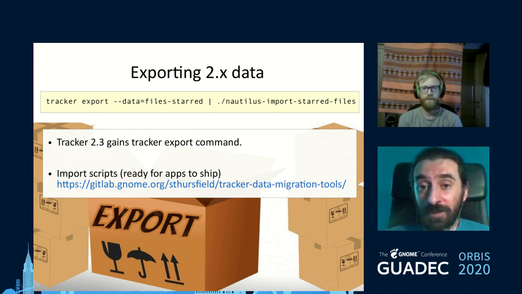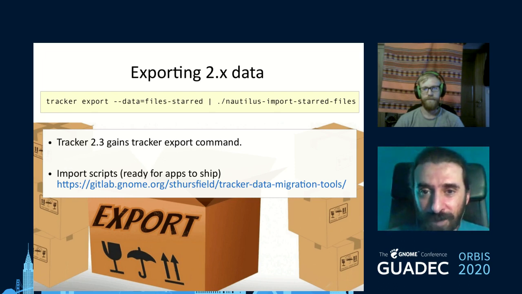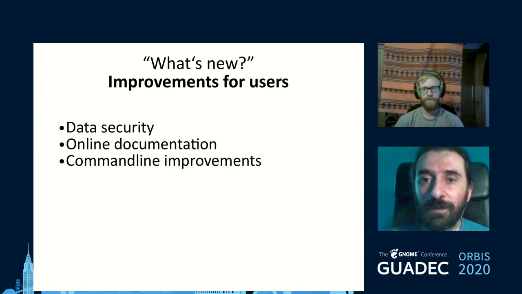So it's pretty much everything in place. We already have a tracker export command in Tracker 2.3 meant to help with this, and it basically helps you migrate application-specific data into your own databases. And I think this is for you, Sam.